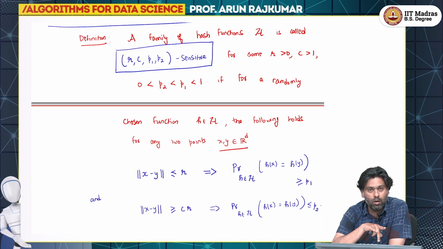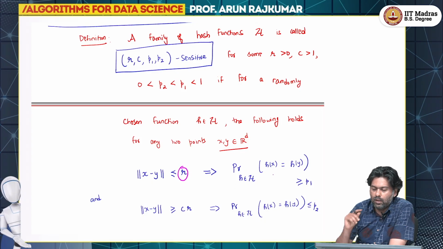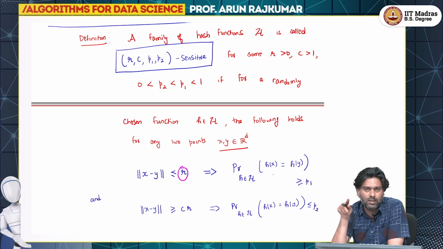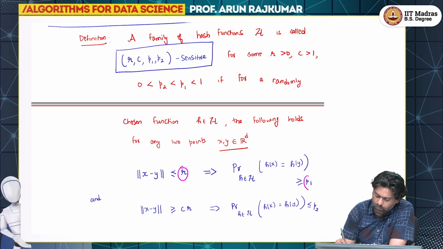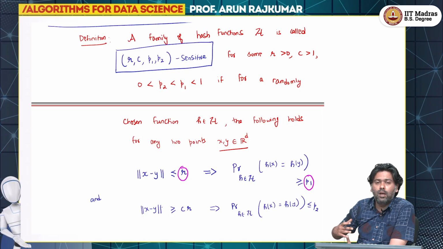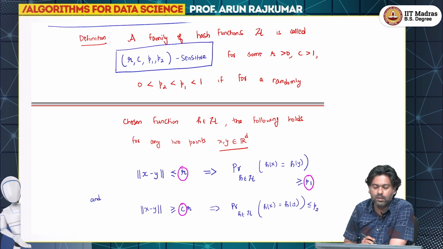If the distance between x and y is less than or equal to r, and that is where the r appears in the condition, then the chance that both x and y get hashed to the same bucket is greater than or equal to P1. And if x and y are further apart by c times r, that is where the c makes an appearance, then the chance that they get hashed to the same bucket is less than or equal to P2.